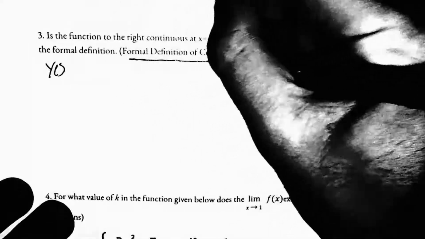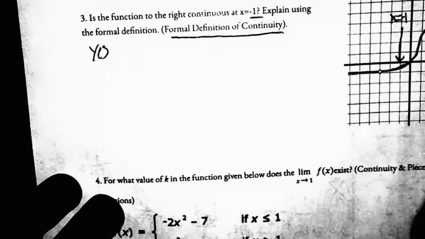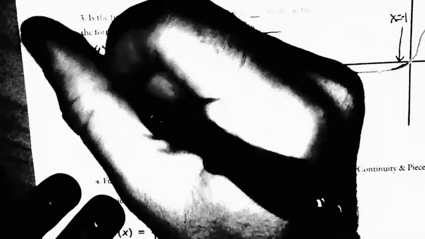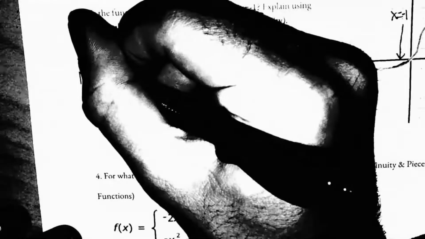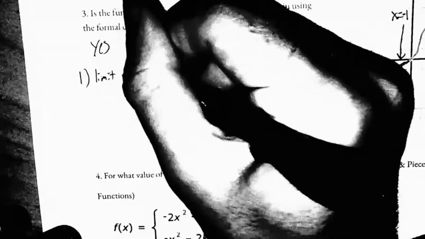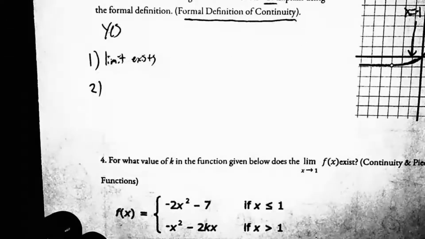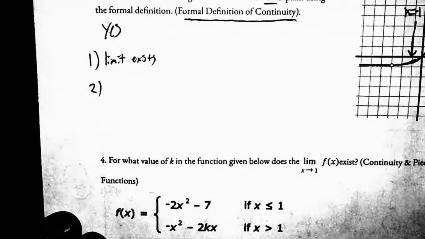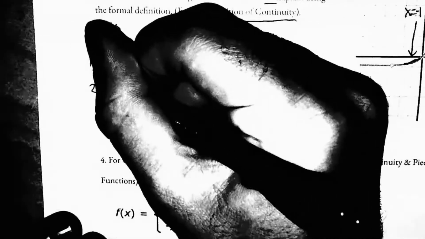And if you remember, the formal definition of a limit is 3 parts. And you need to know this, you need to memorize this. Number 1, limit exists. Okay, simple. Number 2, function is defined.